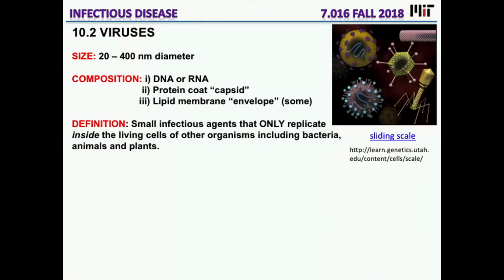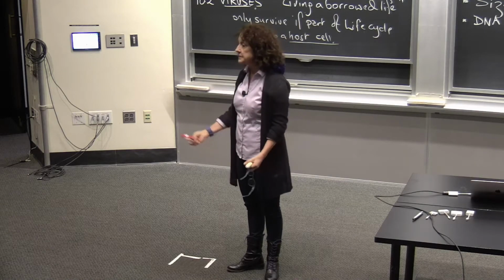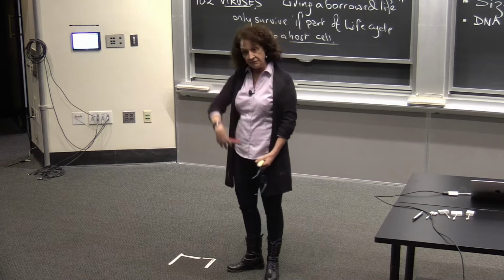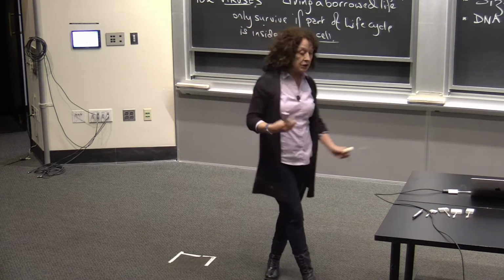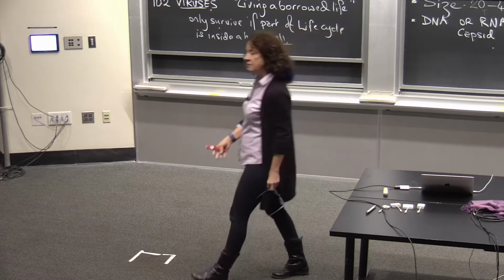So the definition really is that they're small infectious agents that only replicate inside living cells, because they have to exploit a lot of the machinery of living cells, and they can infect humans, other animals. There are plant viruses, bacteria have viruses. So all living organisms have viruses that infect them. But viruses are usually targeted very specifically to the cells that they infect.